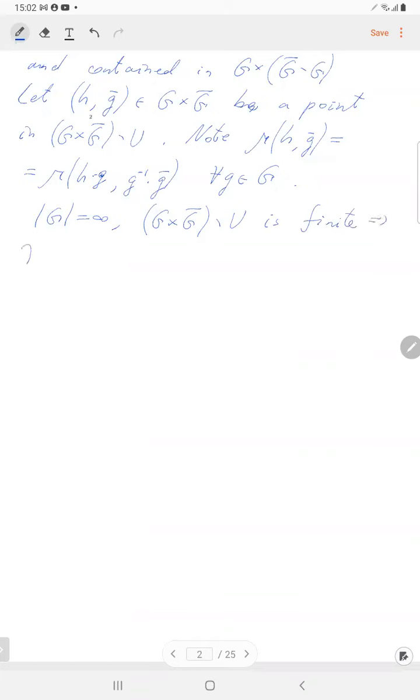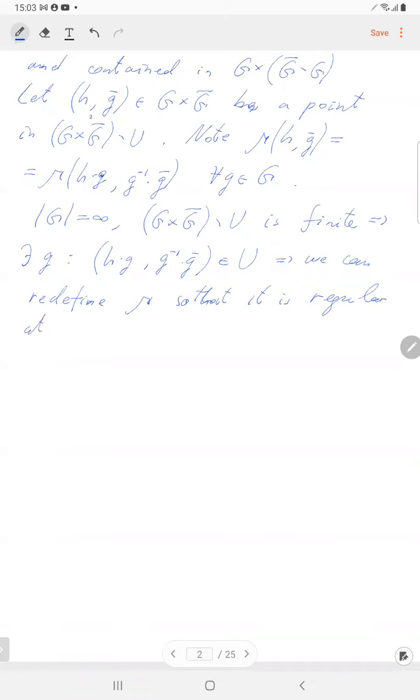Hence, there is G such that H times G and G inverse times G bar lies in U. Okay, and so we can, so to say, redefine mu so that it is regular at this suspicious point H G bar.